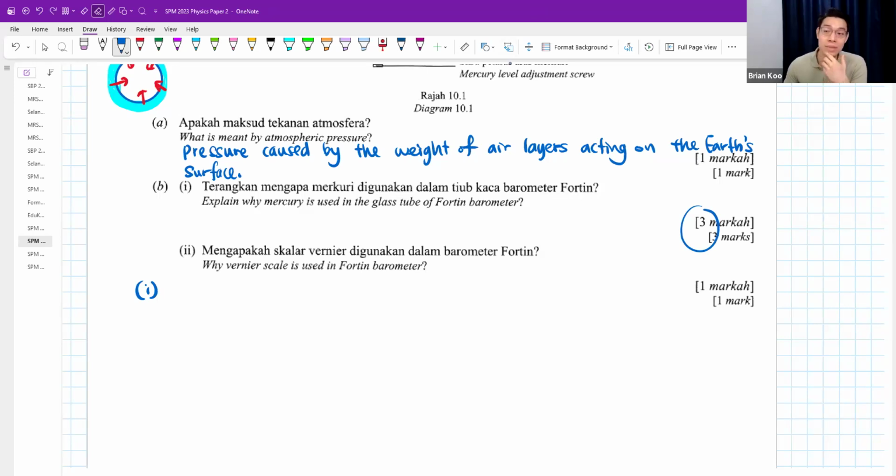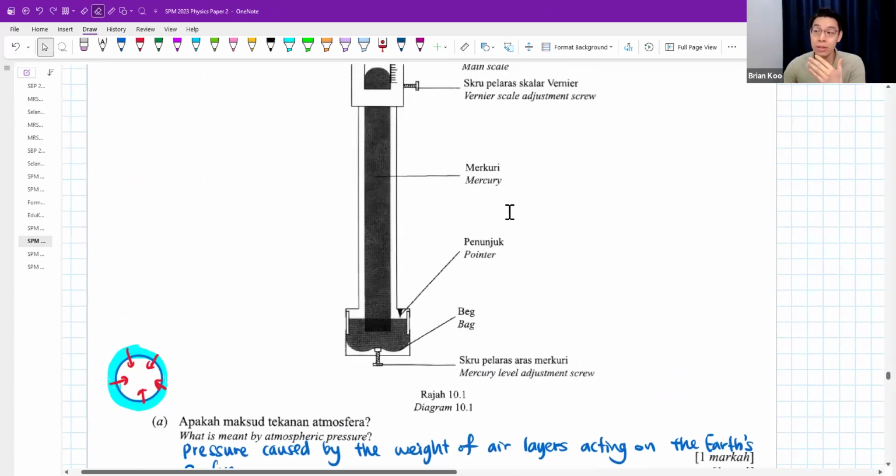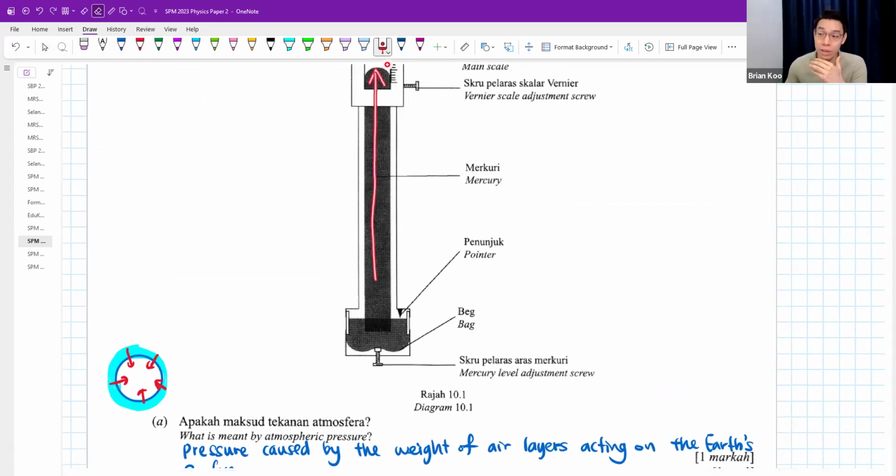One of the reasons is because mercury is very dense. Because mercury is very dense, I do not need a very high level of mercury to give me the atmospheric pressure reading. You all must know as an SPM student that the atmospheric pressure is 76 cm of mercury.